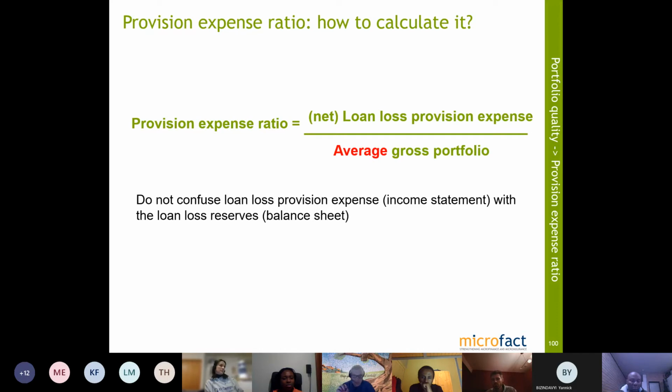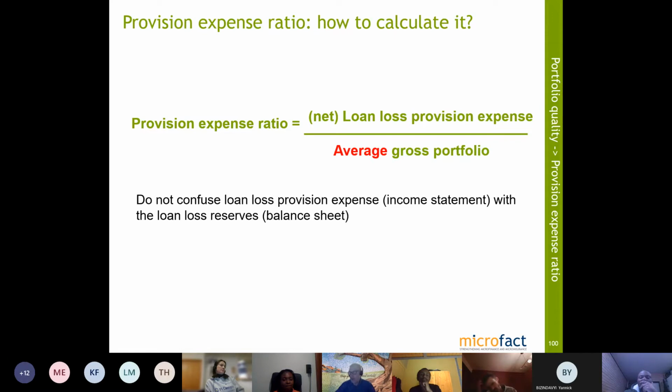Here, really pay attention to a very simple but useful principle. I talked yesterday about comparing a movie and a picture. Now your loan loss provisions, that's this moving part from your profit and loss statement.